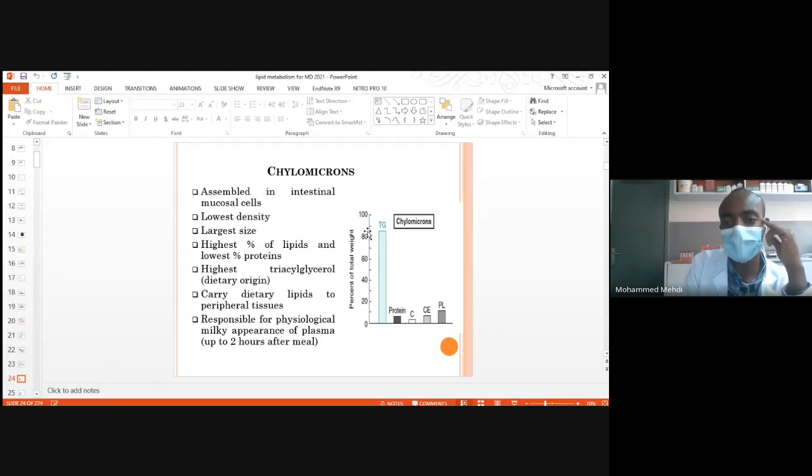Triacylglycerol makes the highest composition, or the largest weight, in this chylomicron. The protein part, free cholesterol, cholesterol ester, and phospholipid are found in smaller amounts than triacylglycerol. Okay, this one is chylomicron. Chylomicron is the largest in size and the smallest in density.